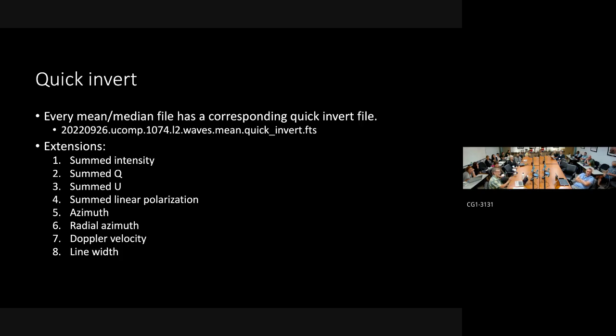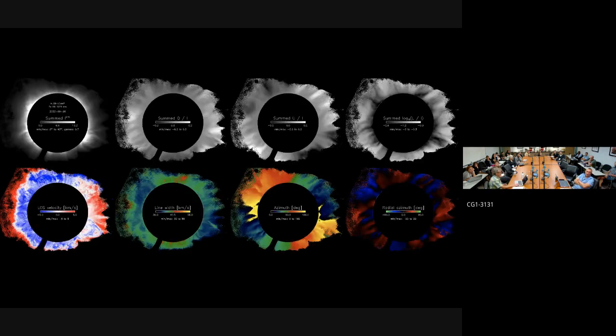And then corresponding to every mean and median file is a quick invert, which has basically the same kind of processing that we get in the dynamics and polarization file, but for an average for the day. Okay, so 8 extensions with both intensity and polarization type products in there. And again, a quick look, and then there's individual quick looks as well.